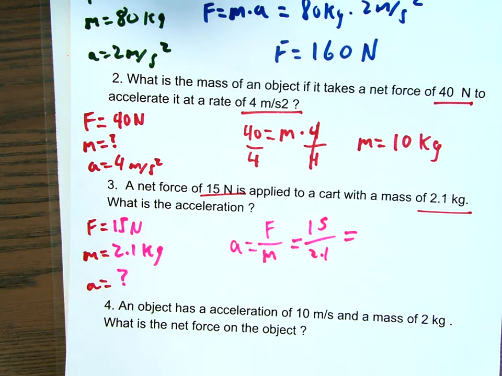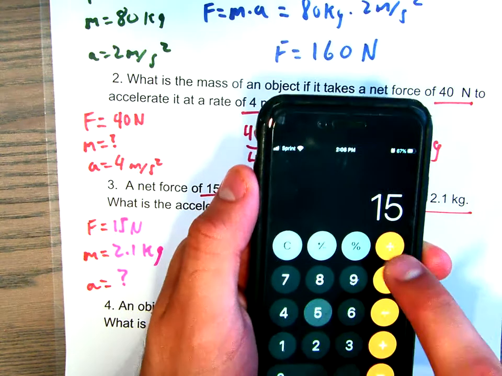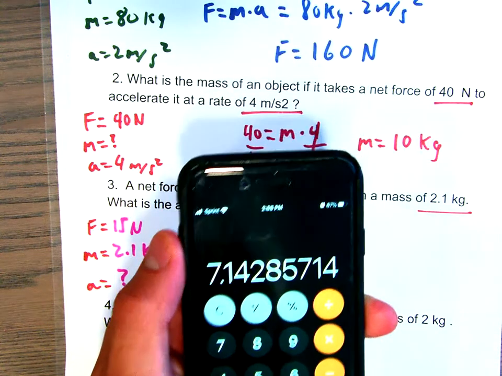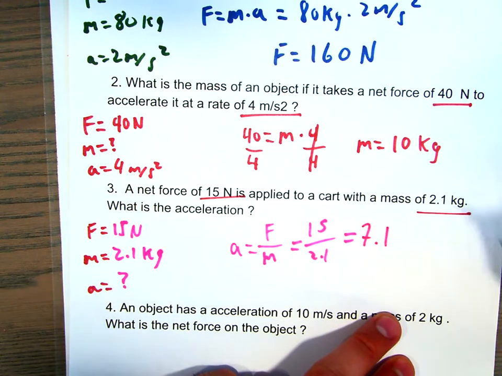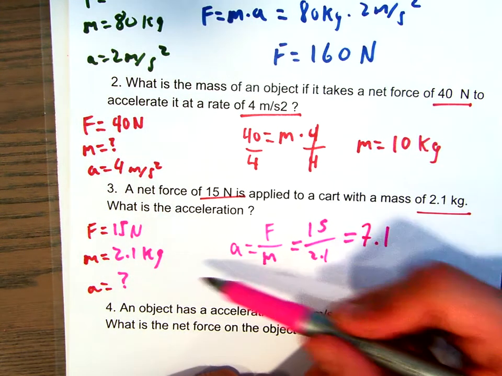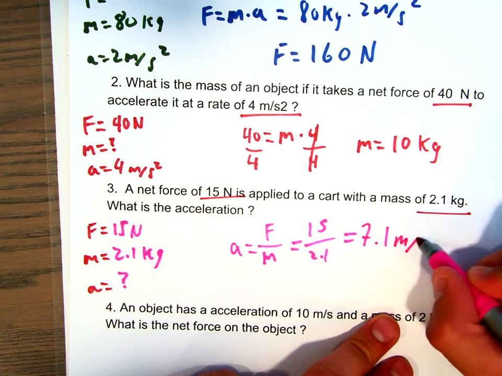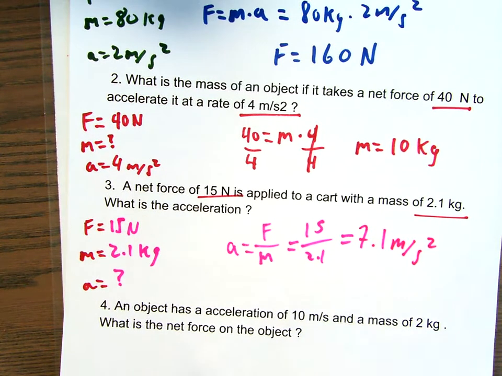I can use a calculator for this one. So I grab my calculator and I'm just going to put 15 divided by 2.1, 7.14. I'll just round to the first decimal there, 7.1. What are my units? It is acceleration, meters per second squared. Okay. All right, one last problem.